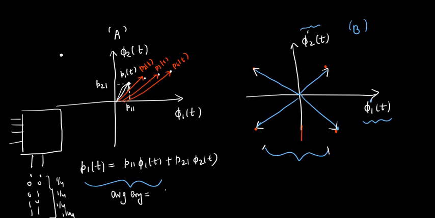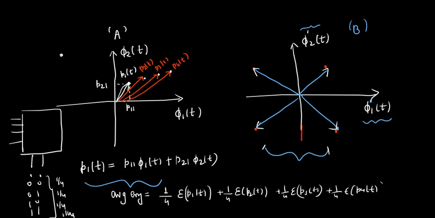So 1 by 4 times the energy of P1(t), 1 by 4 times the energy of P2(t), 1 by 4 times the energy of P3(t), plus 1 by 4 times the energy of P4(t). Energy is what? This length.